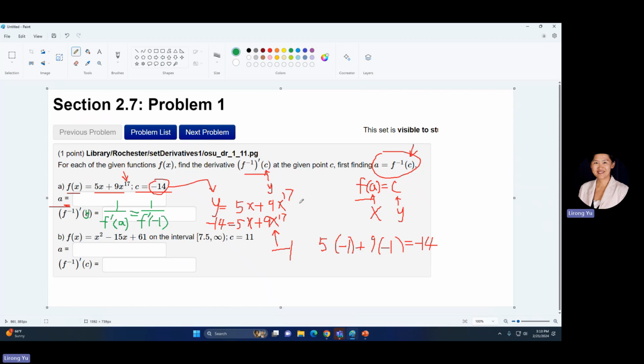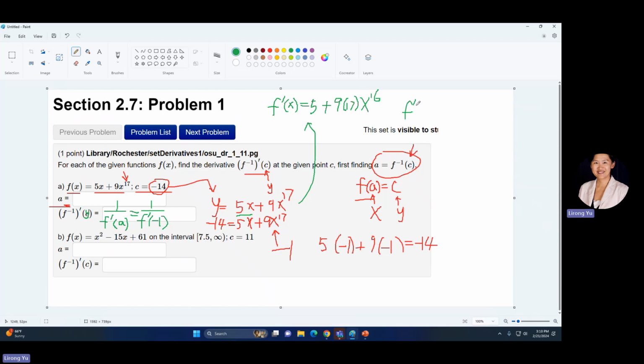So what's the derivative of the original function? It's f prime of x, or y prime of x. The derivative of 5x is 5, the derivative of 9x to the 17th is 9 times 17 times x to the power 16. That's the derivative. Then we plug in x equals negative 1.